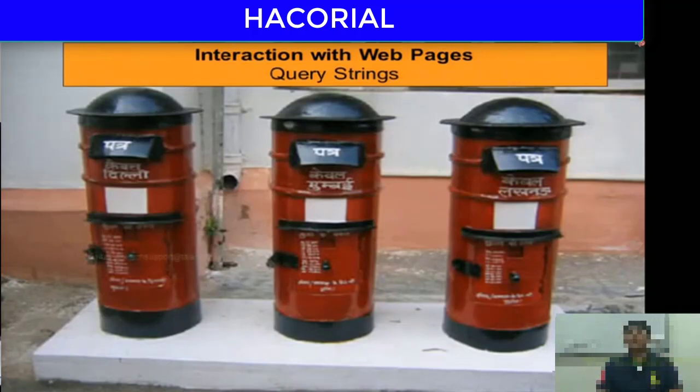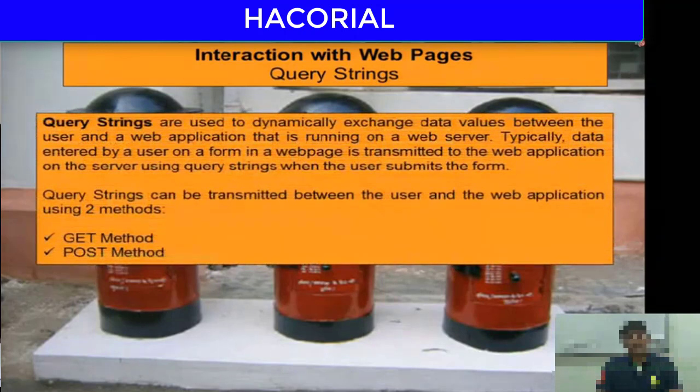So what exactly are query strings and how do they help you and why are they relevant to computer hacking? Query strings are used to dynamically exchange data between the user and a web application that is running on a web server.